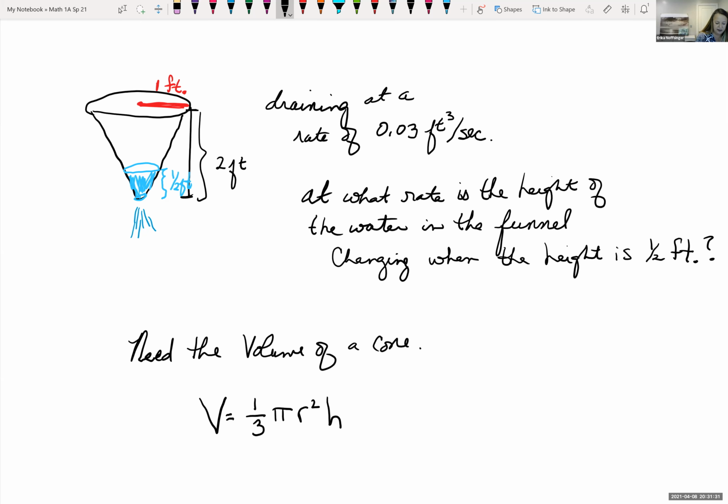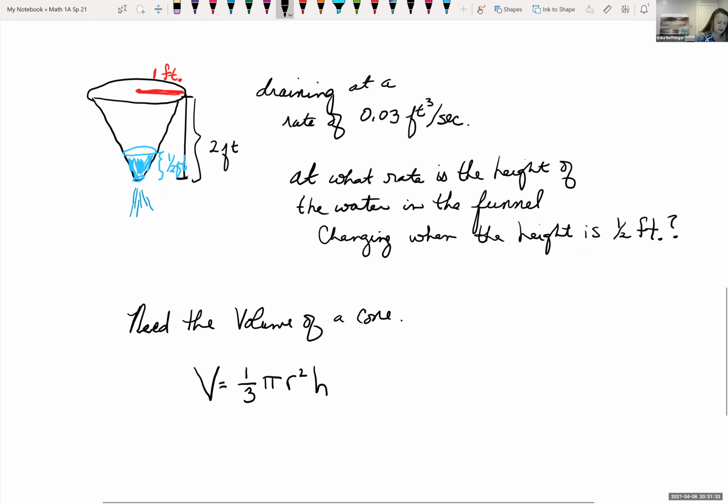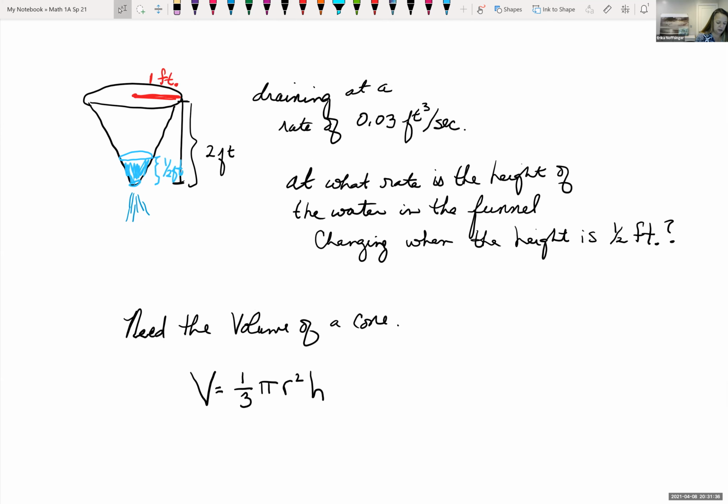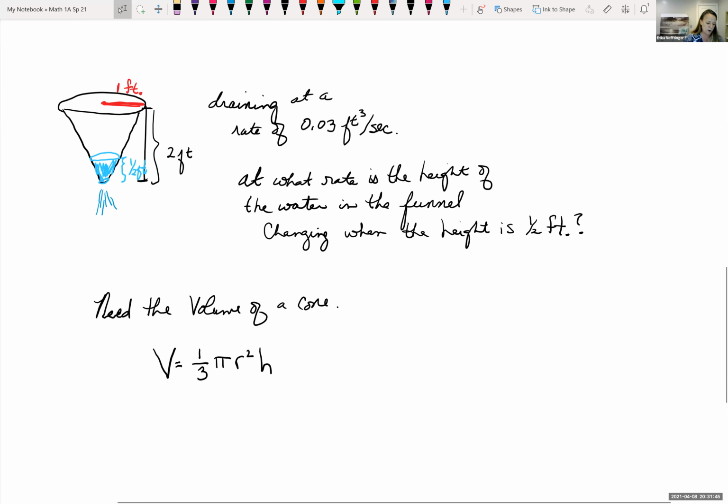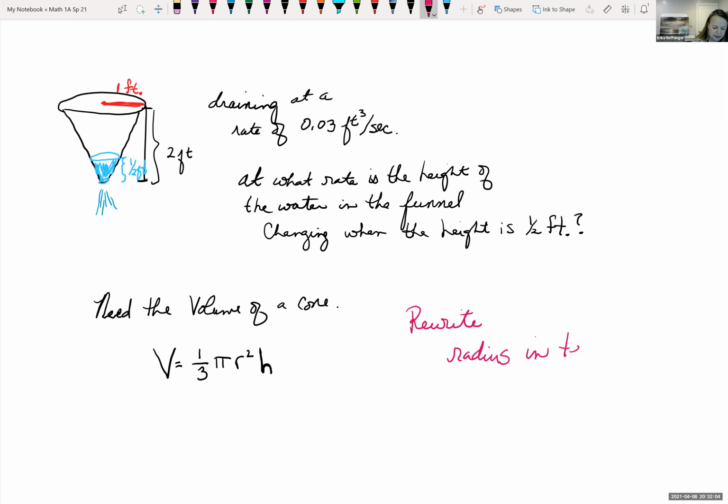So let's think about this. Can we change this? We want to find the rate of change of this height. So we want to see, can we rewrite the radius in terms of height?